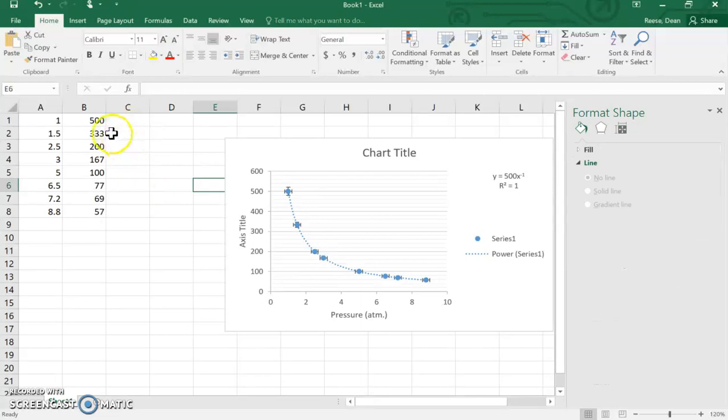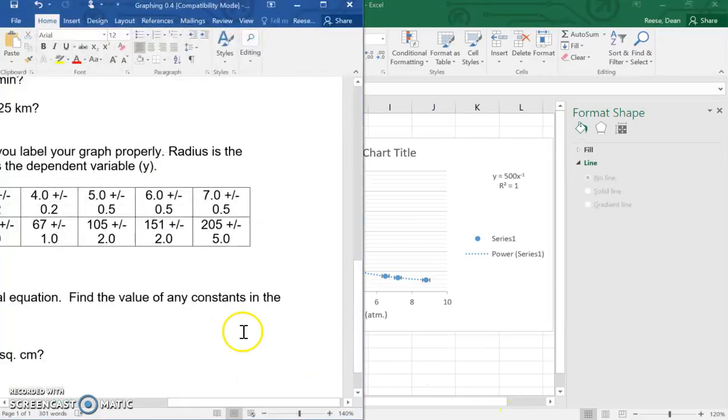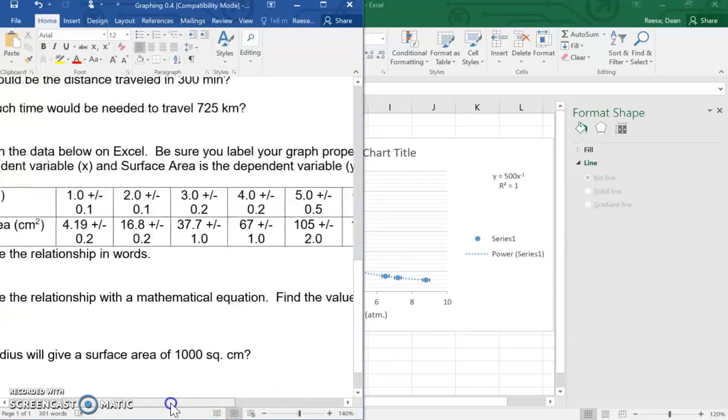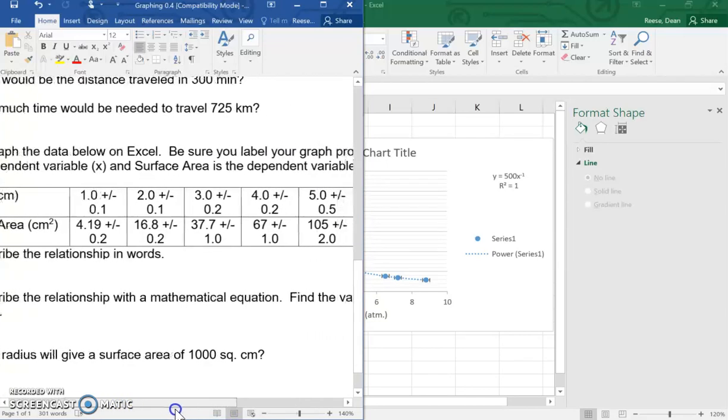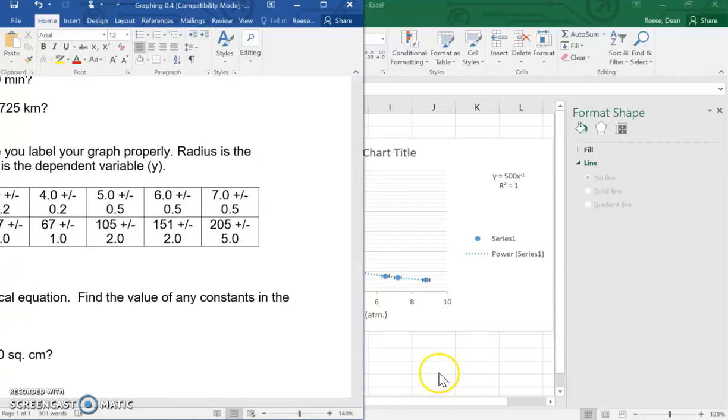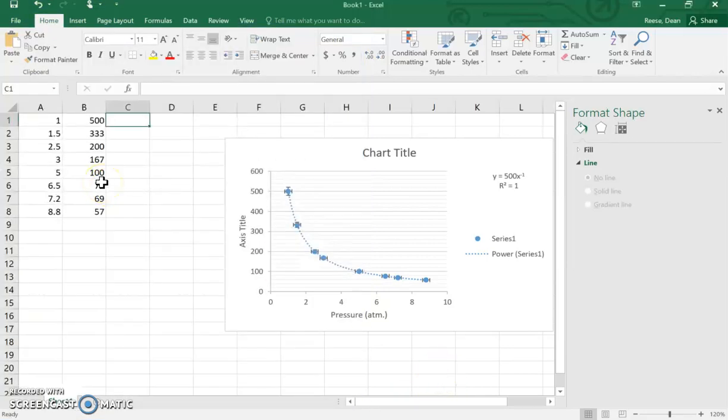So I'm going to put the error bars for X in column C. Let's look at what they are again. The error bars for X are 0.1, 0.1, 0.2, 0.2, 0.5, 0.5, 0.5.